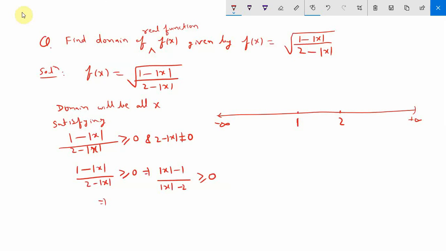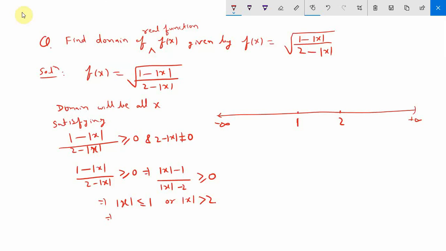From this we may get mod of x is less than or equal to 1, or mod of x is greater than 2. So when mod of x is less than 1, both numerator and denominator will be negative and the ratio will be positive. And when mod of x is greater than 2, both numerator and denominator will be positive and the ratio will be more than 0.